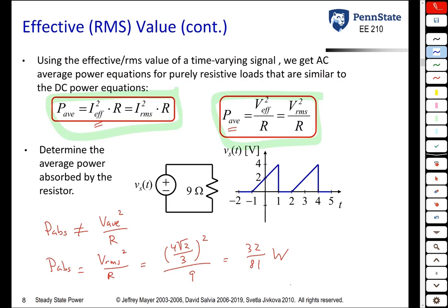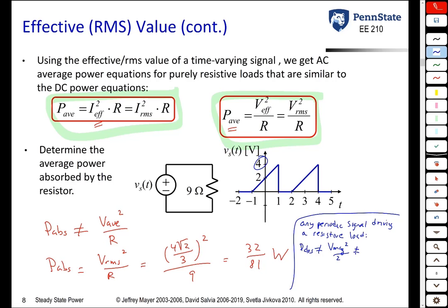So in summary then, if you have any periodic signal driving a resistive load, the absorbed power is not the magnitude of the voltage squared divided by R. In other words, we didn't use this 4.